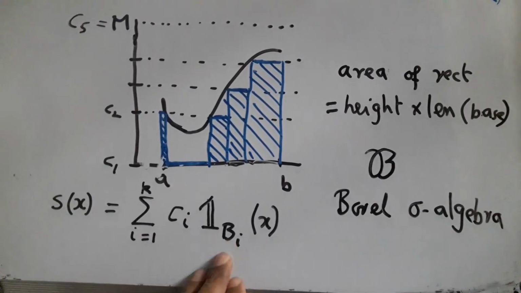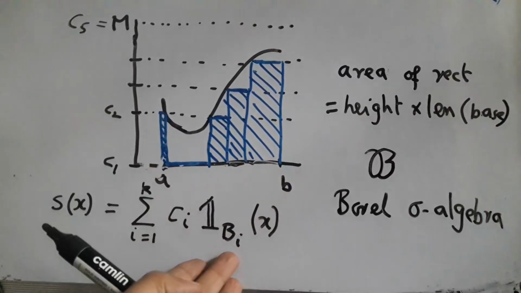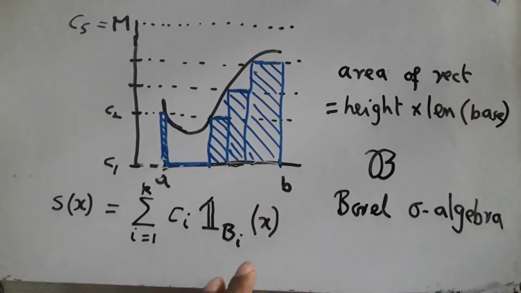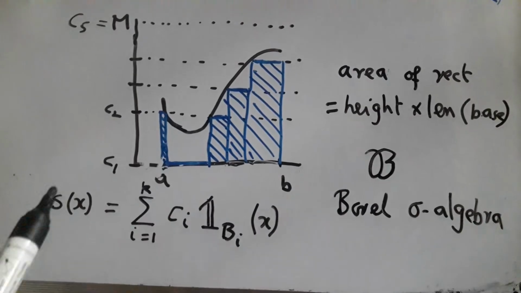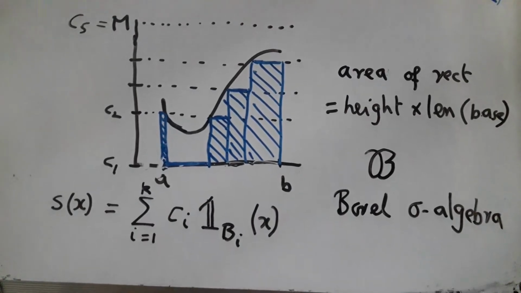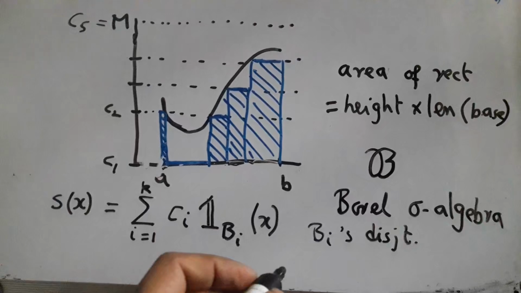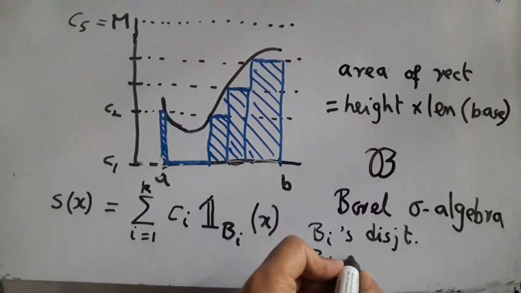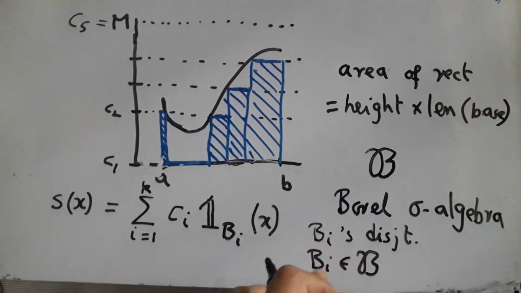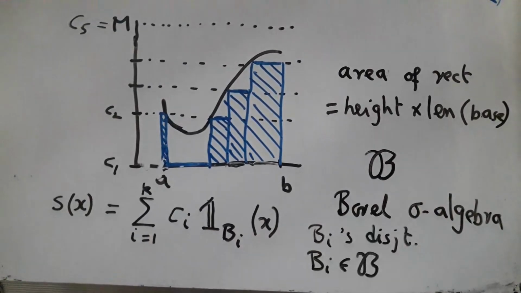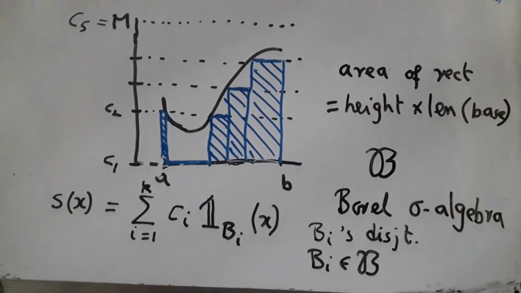You see all these b_i's, the way I am doing it, they are actually all disjoint. So without loss of generality, I can put the extra assumption that the b_i's are all disjoint, and of course we have the all important condition that each b_i must be in script B, what is called measurable. So each of these things must be measurable.